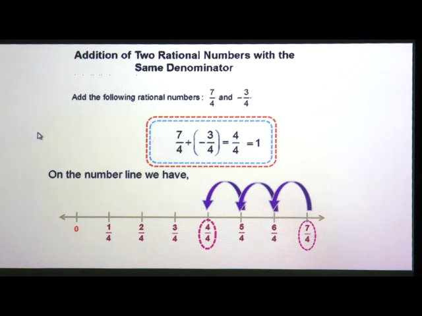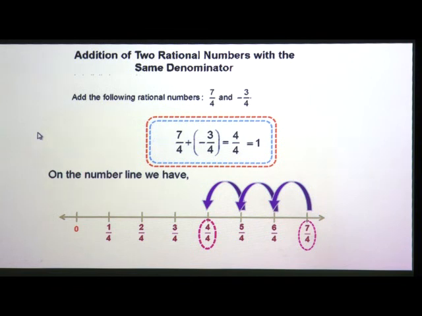Now, we will see addition of 2 rational numbers with the same denominator. You know, when the denominators are same, in a fraction it was very easy to add or subtract. Here we will see when we add two rational numbers with the same denominator.